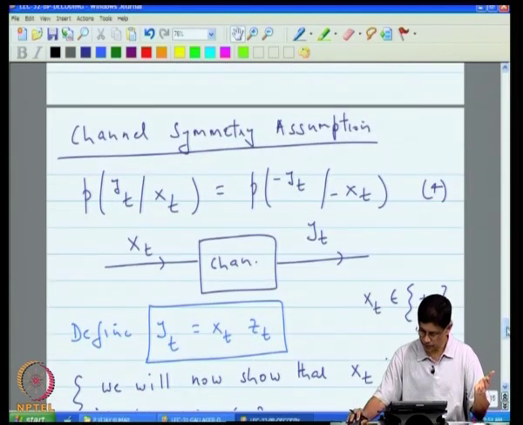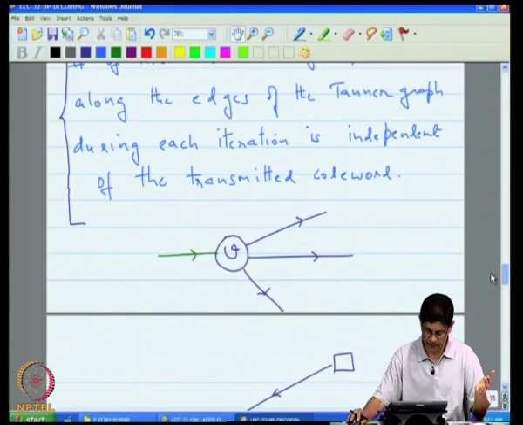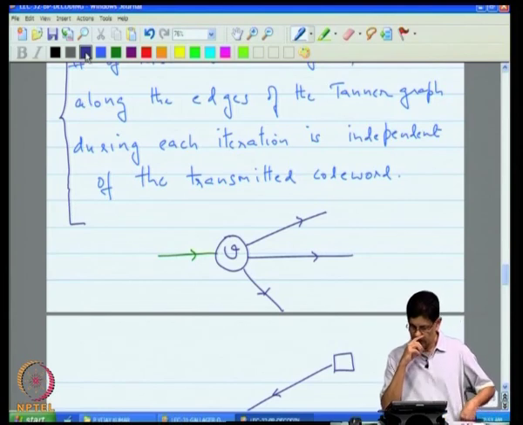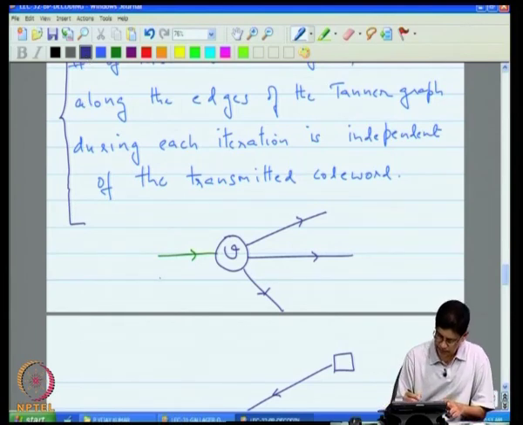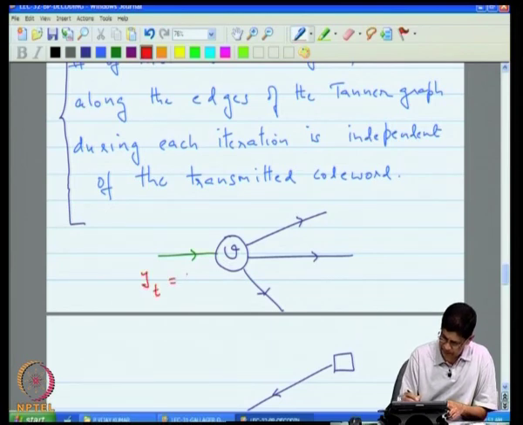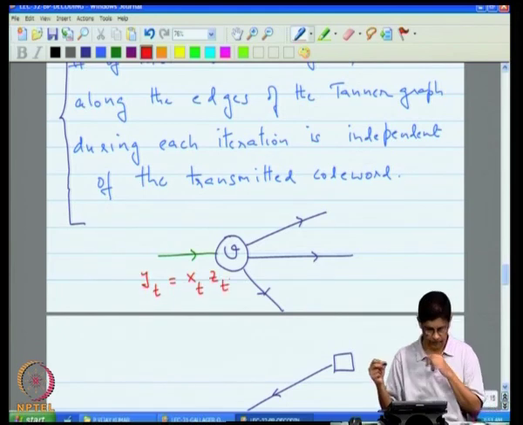So, now we want to say that the number of incorrect messages remains the same. So, here consider that your yt is your incoming message, perhaps I should write them in red. So, the incoming message is yt, which is equal to xt into zt.